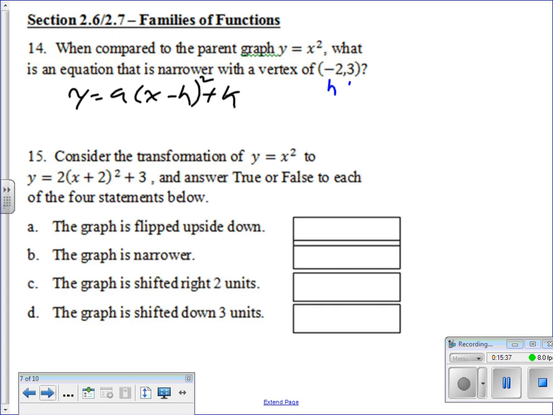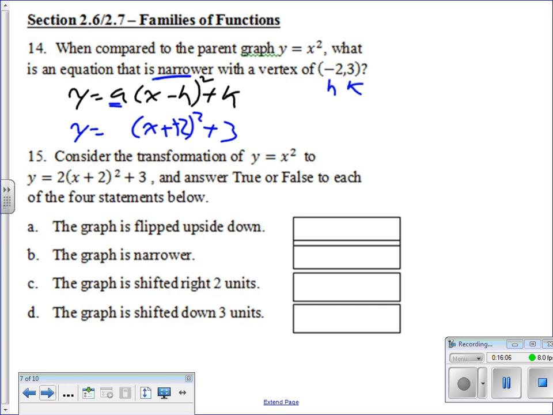That's my h, that's my k. So I get y equals x minus -2 squared plus 3. Two negatives make a positive, although if you left it as minus -2, I'd be okay with that. And then the other part I need to know is that it's narrower, which tells me what about the a?